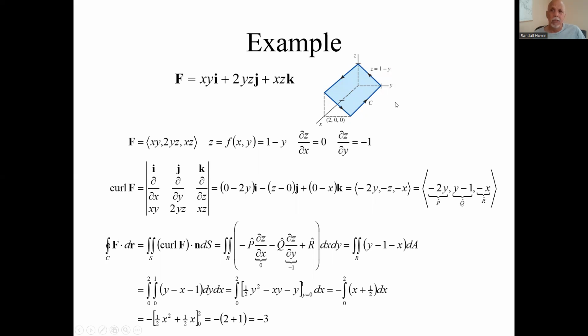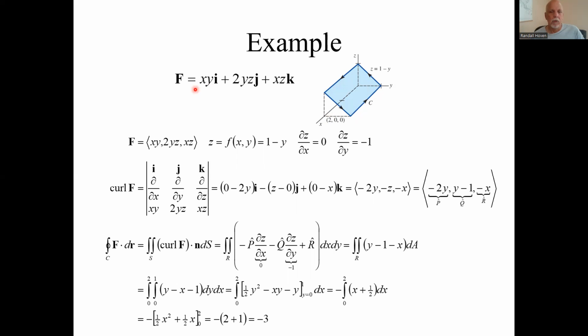So when we use the PQR method, what is going to be our region of integration? Remember, when we use PQR, the region of integration is in the XY plane somewhere. It's going to be this rectangle down in the XY plane, the projection of this surface up here down onto the XY plane, like a shadow.